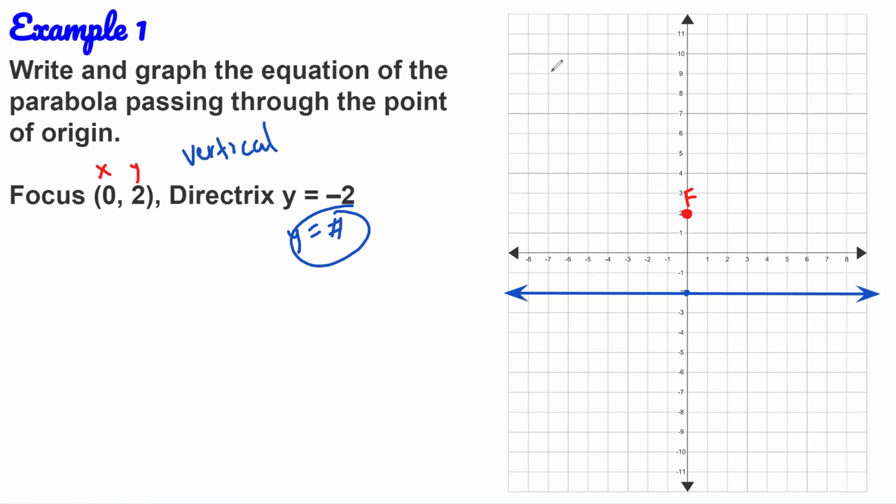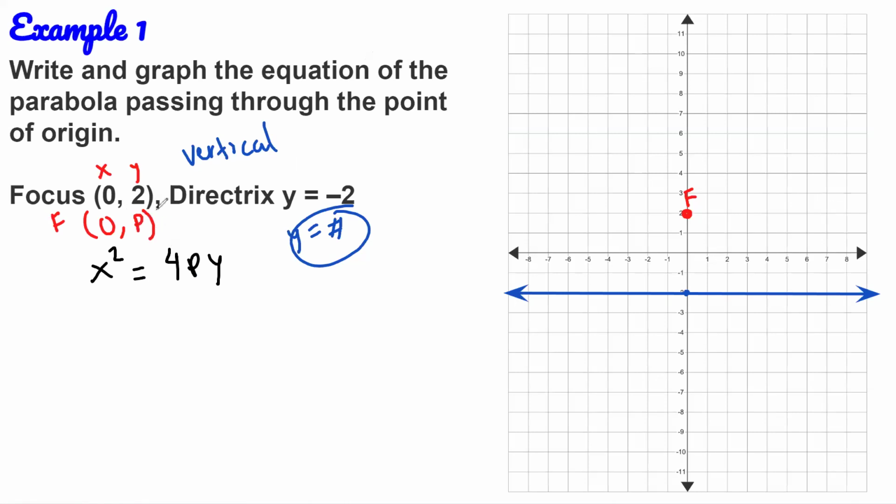Now, what is the standard equation of a vertical parabola? x squared equals what? 4py. Now, my focus is said to be at 0, p.